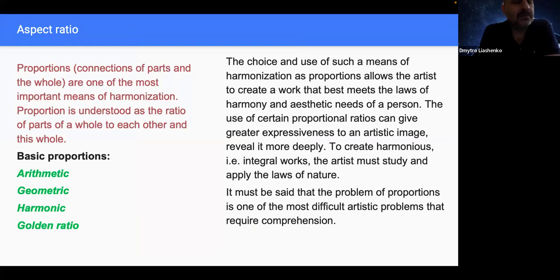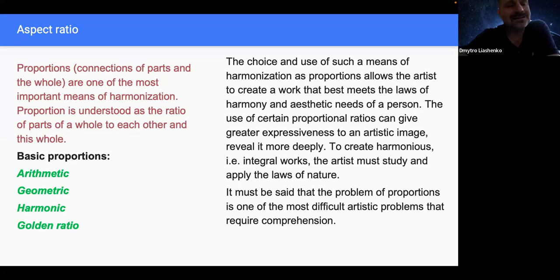Aspect ratio and proportion. Proportions of different elements of our graphic, its connection of parts and the whole. These proportions are one of the most important means of harmonization. Proportion is understood as the ratio of parts of a whole to each other and to this whole.